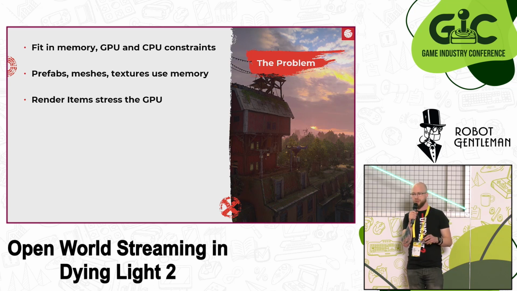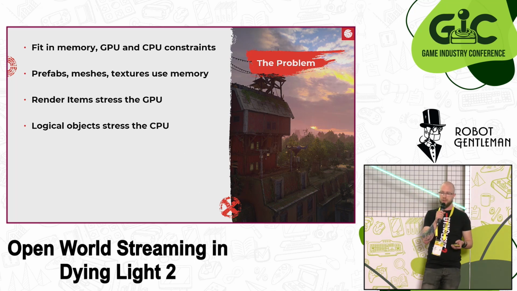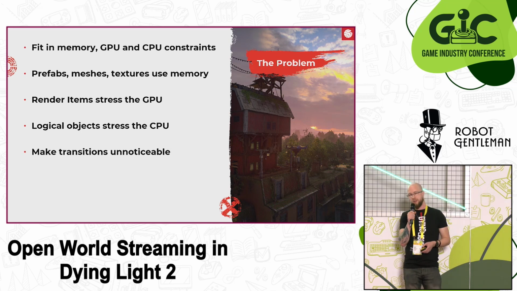But render items, you can think of them as just single instances of meshes that are placed on the scene that need to be processed anyway in order to be rendered somehow. And then there are, of course, logical objects, quite a lot of them, that stress the CPU because they need to be updated in each frame. Also, we want to make transitions between all those loadings and streaming objects unnoticeable, which also gives us a challenge.